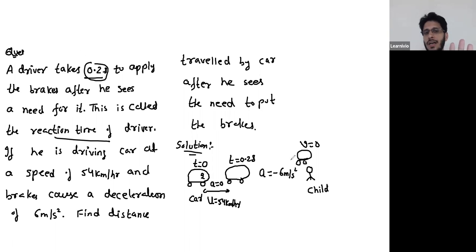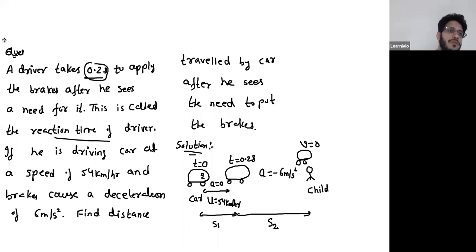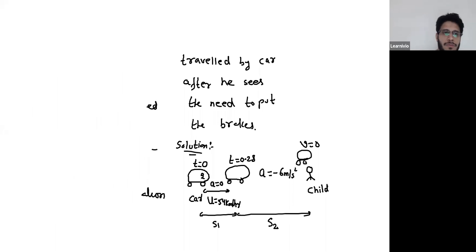And then finally this car stops. So he's asking you to calculate the total displacement. This is S1, the displacement covered by the car till the brakes are applied, and after the brakes are applied, the displacement is this. To solve these types of problems, is this question clear? Sania, Fazil? Yes, sir.